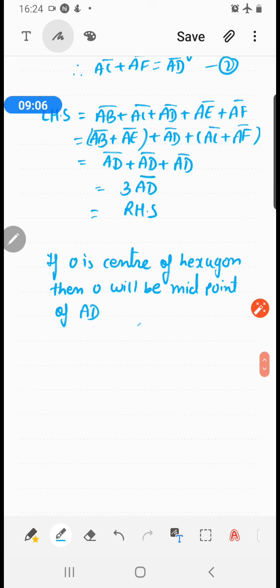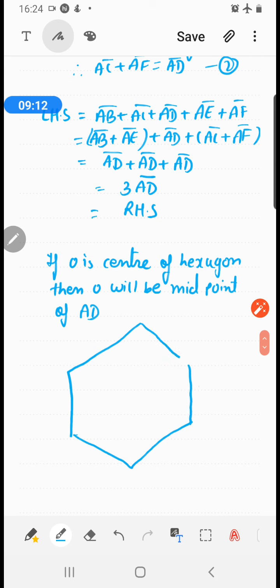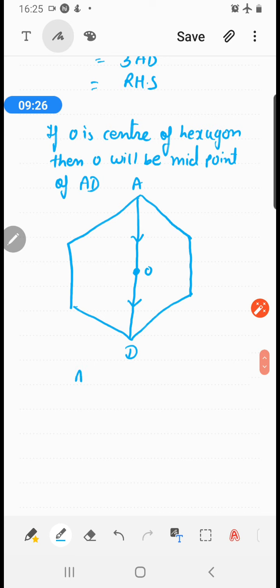So if you understand hexagon properly, is it not that in a hexagon the center is the midpoint of the longest diagonal? This is the longest diagonal and the center is this. Now, obviously, this divides the vector AD into two parts, AO and OD. So can I say AD bar is 2 times AO bar?